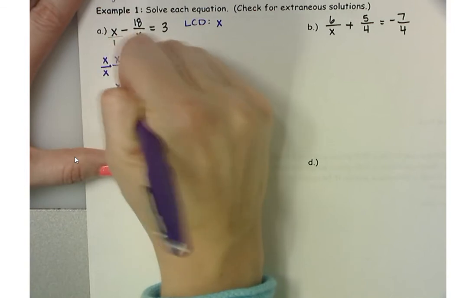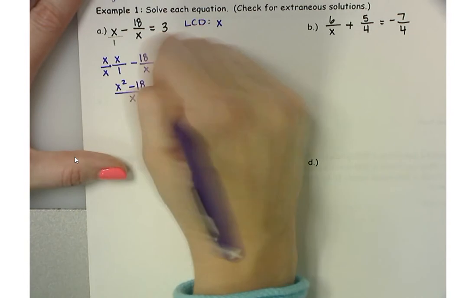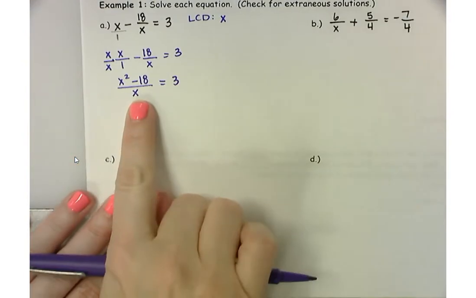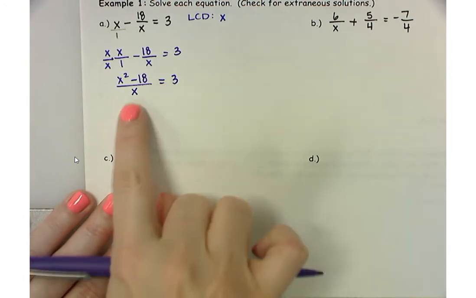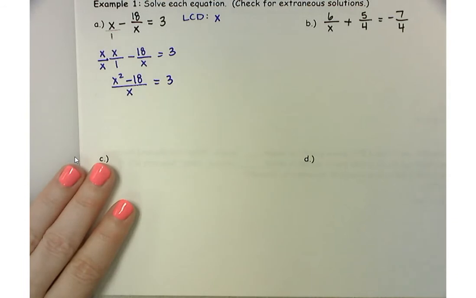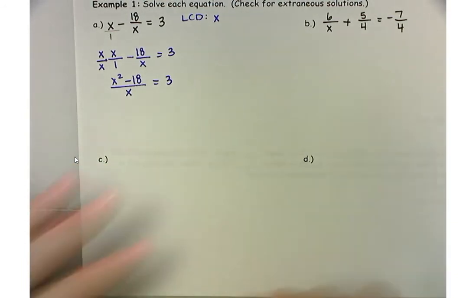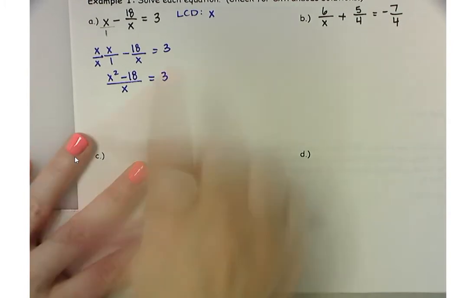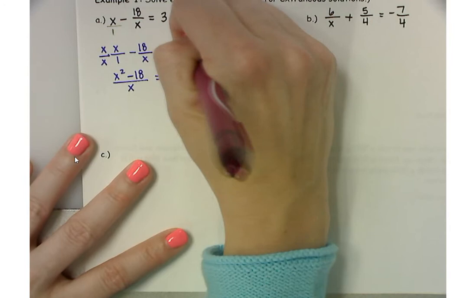Once you get one term equal to another, even if it's a fraction, the only way to move this out of the denominator is to multiply by the denominator. So the first thing we did is we got the LCD. Now we're going to multiply by the denominator.